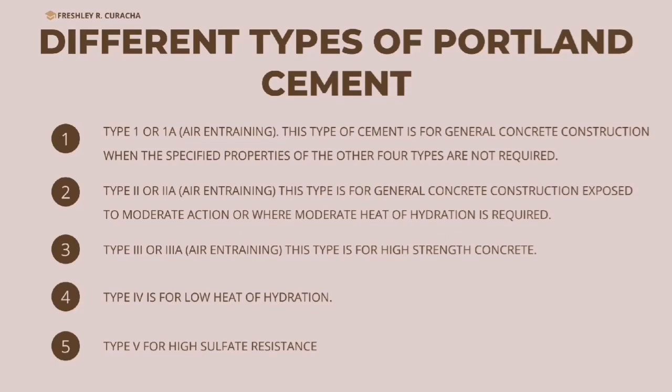However, it gains strength at a slow rate as compared to type 1 or OPC. Like type 2, it is more common in the western United States and Canada. It is used for applications like canal linings, retaining walls, and culverts, which may be exposed to a sulfate attack.